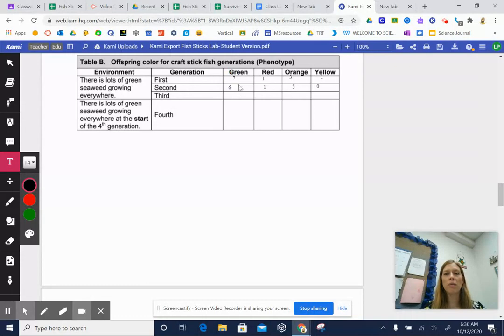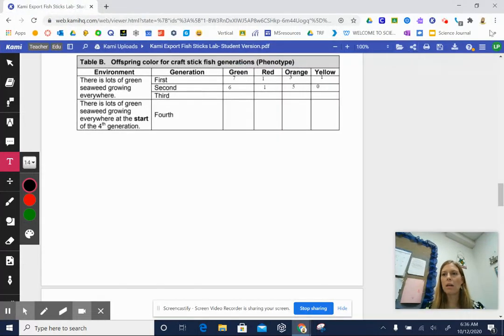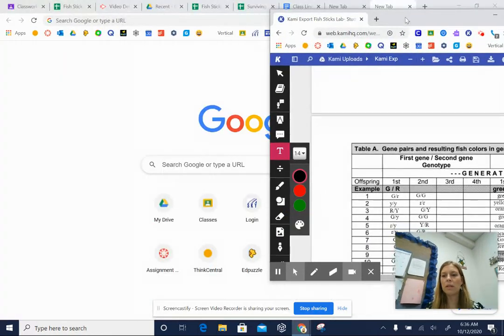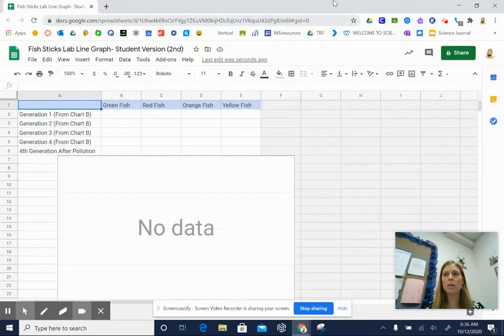So for instance, if this were my chart, I would put in 7 green, 1 red, 3 orange, 1 yellow. Let me see, maybe I can pull it over to the side and pull this guy over.